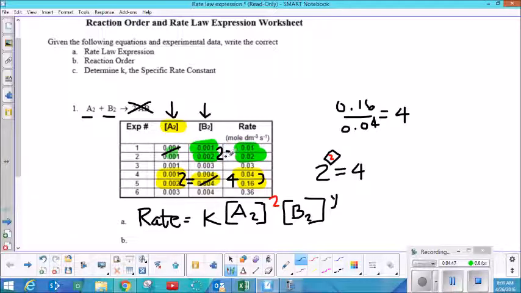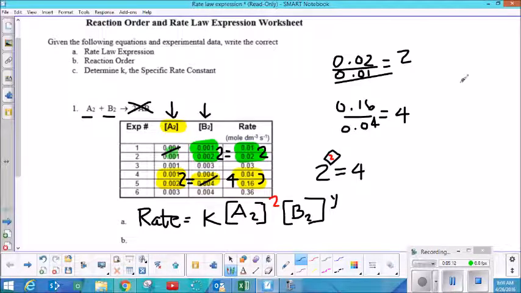And then it equals, what's the change here? How are 0.02 and 0.01 related? They're related 2 times. So 2 equals 2.